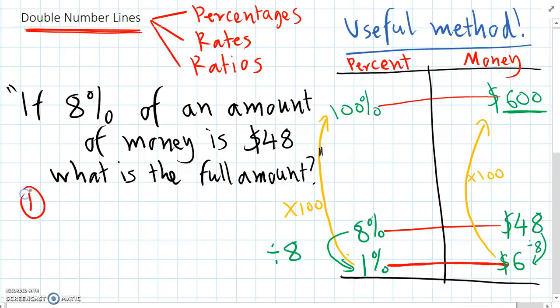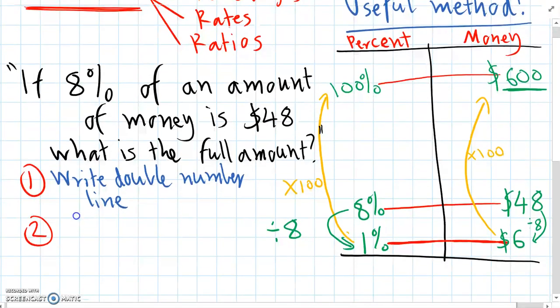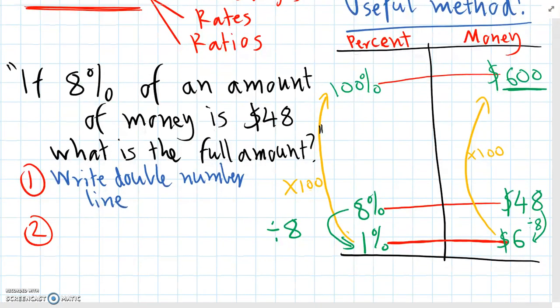Let's go over that method just so we can remember the steps. So you write the double number line, and you have the percentage on one side and the money on the other side. The second thing was find 1%.